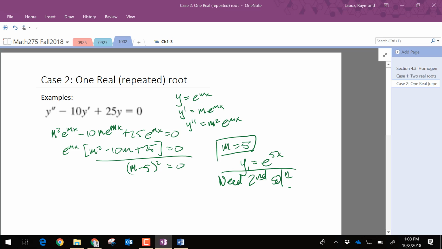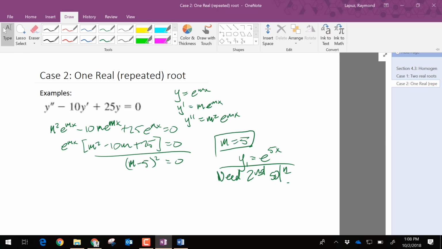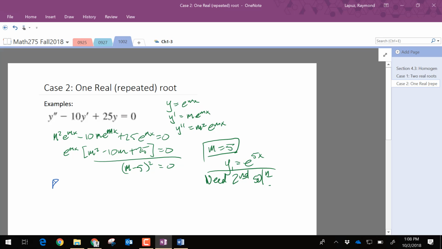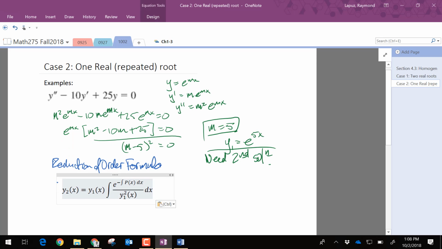It's still reduction of order. So let's say we have a reduction of order formula. And let's take a look at how this works.